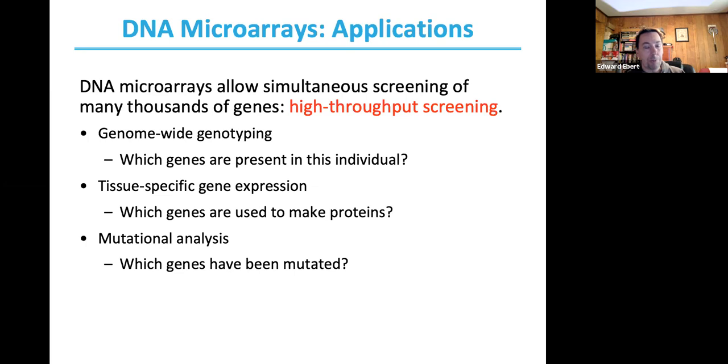So you can look for what genes are present in an individual. And this is where our medicine is moving towards risk factors. What genes are implicated in risk factors? You may have heard Angelina Jolie had a preventative mastectomy because of a family history and her genes expressing BRCA2, which was implicated in breast cancer.